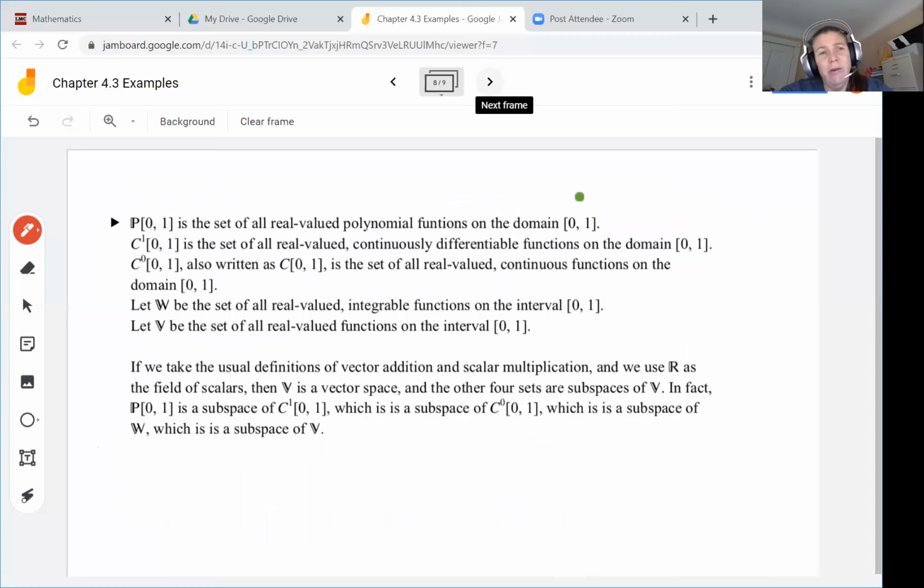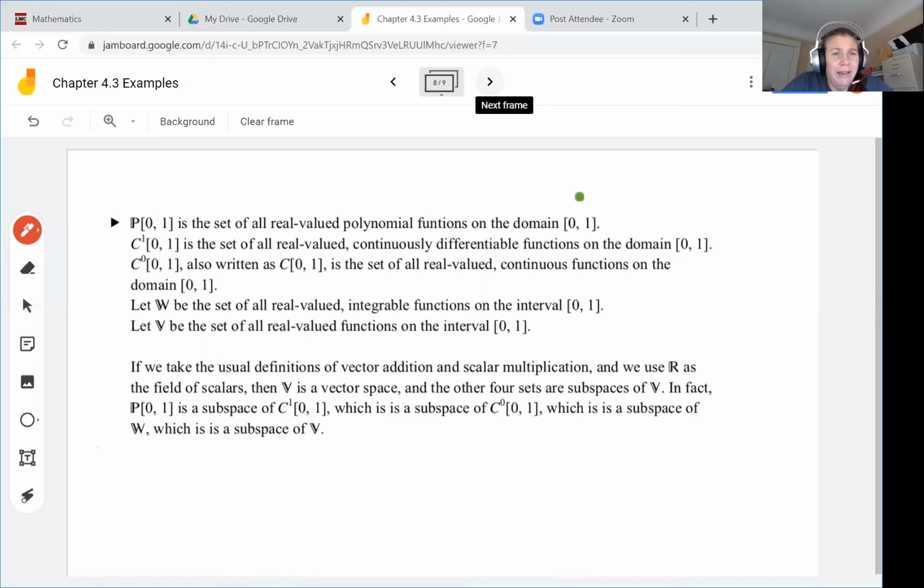Okay, we're going to look now at P, where P contained in the interval 0, 1 is the set of all real valued polynomial functions on the domain 0, 1. Notice it's a closed domain. We could say C with a 1 up in the superscript on the domain 0, 1 is the set of all real valued continuously differentiable functions on the domain 0, 1, the closed domain.